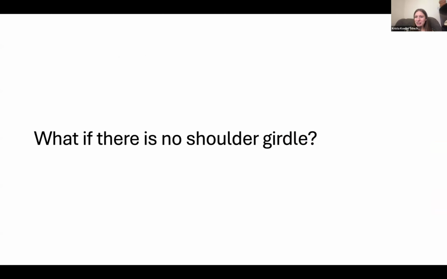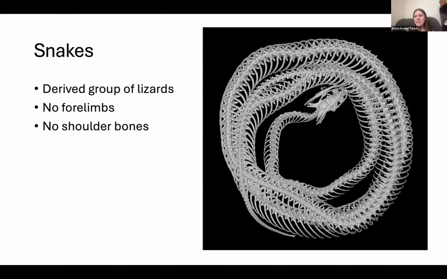However, there are instances where there is no shoulder girdle. And my question is, what do we do about those guys? One of the main groups, actually one of the only groups that doesn't have any arms or shoulder girdle, is the snakes. Snakes are just weird lizards.